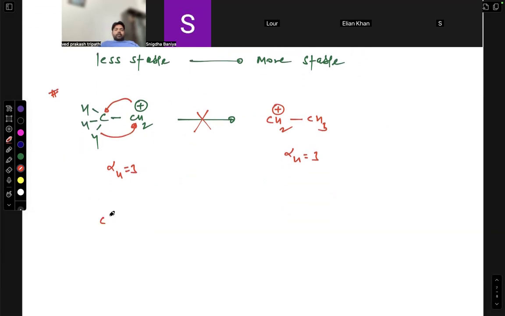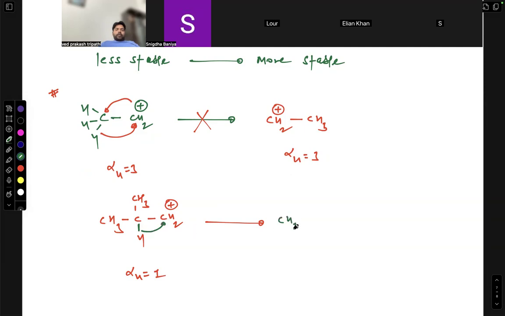Now second example, how many alpha H over here? Just one. So if we shift this hydride here, the hydrogen is going back to this carbon.